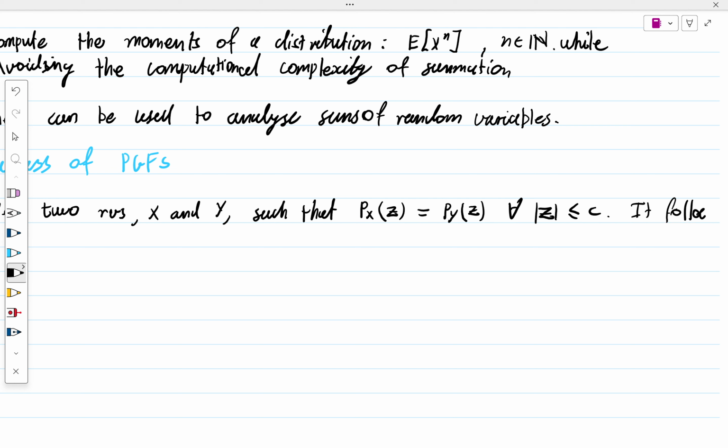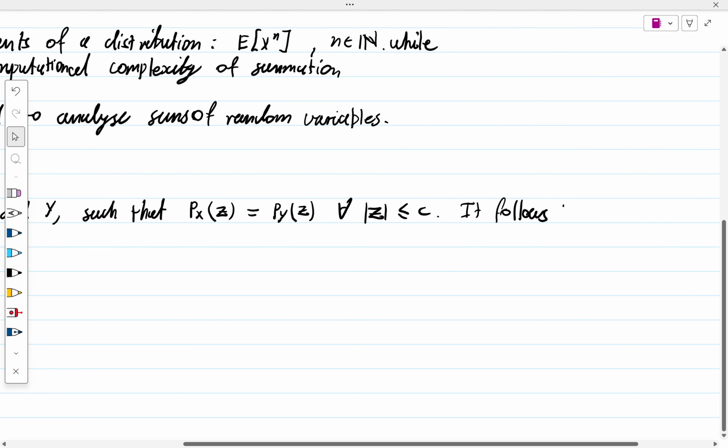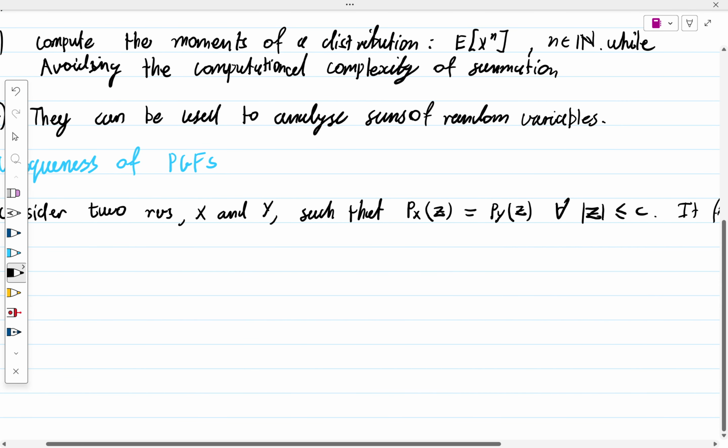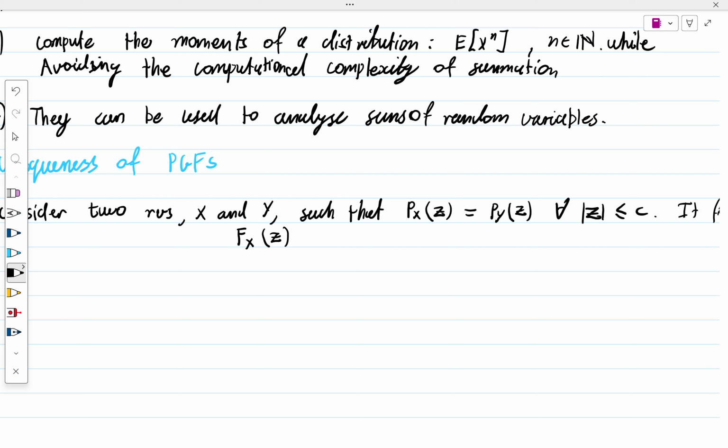It follows that, important property here, the cumulative distribution function F_X(z) and the cumulative distribution function of Y are equal to one another for all z an element of R.